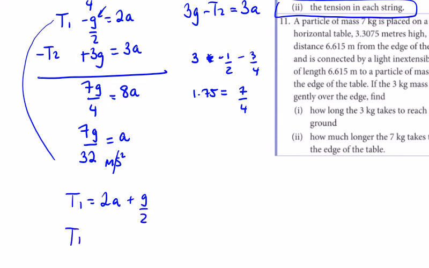So T1 is equal to twice 7g over 32, or 14g over 32, plus half, so that's 16g over 32. So that's going to give me 30g over 32, which can be simplified down to 15g over 16.